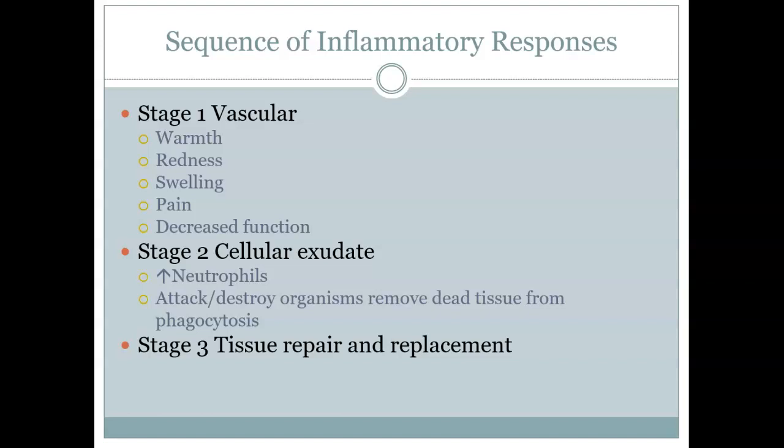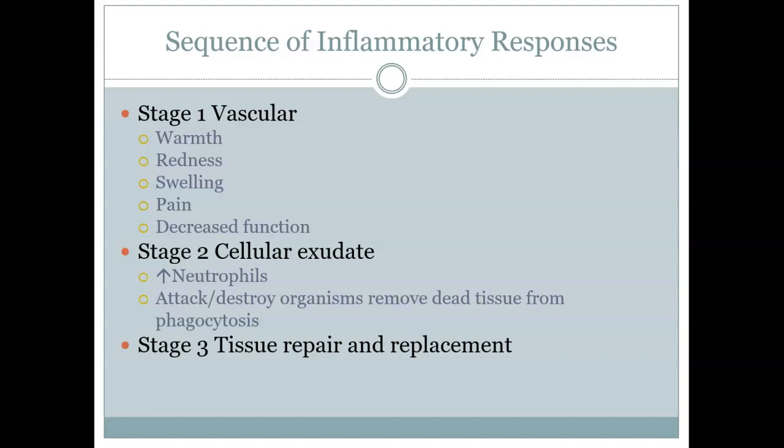Okay, so stage 2 is when the neutrophils increase, and they help try to remove dead white blood cells from the area, eating necrotic tissue from damaged cells, and they attack and destroy organisms and remove that tissue by that process called phagocytosis.